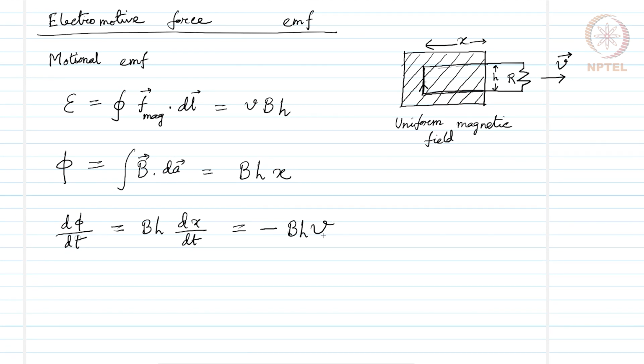Dx dt gives us v. Minus sign comes because dx dt is negative, and therefore, this electromotive force is given as minus d phi dt. So, it is negative to the rate of change of flux through the loop.